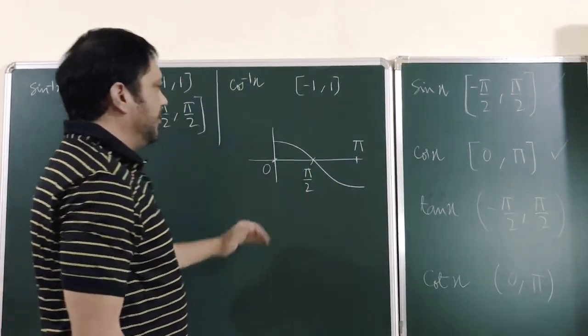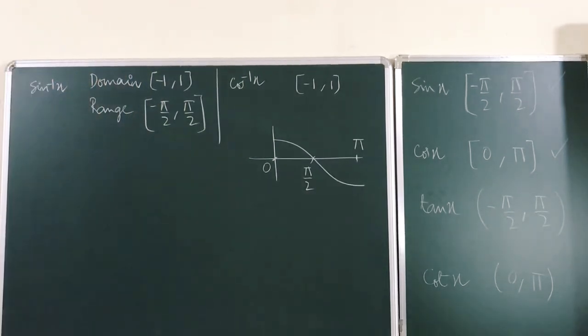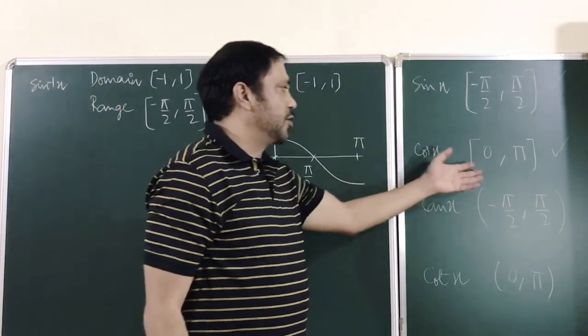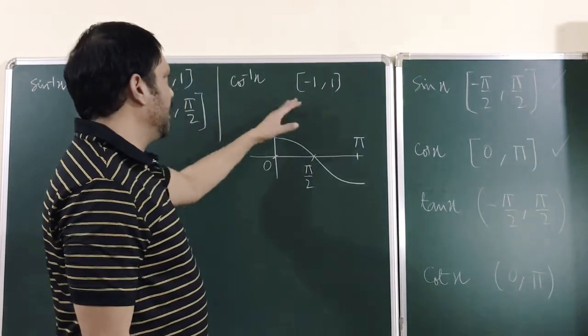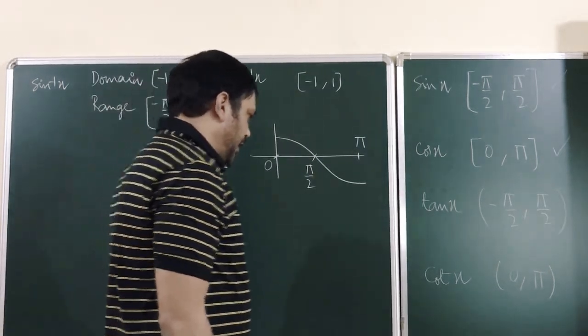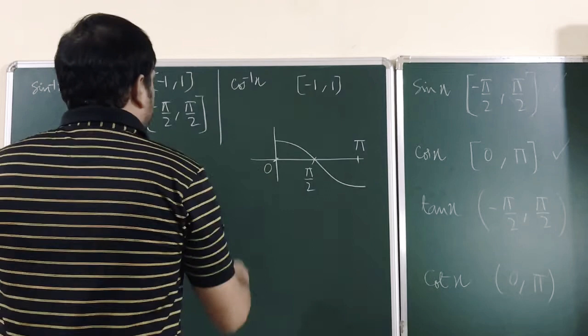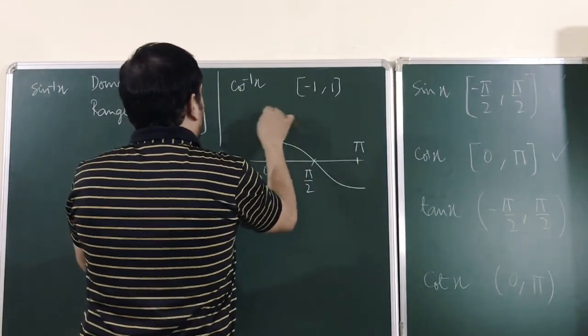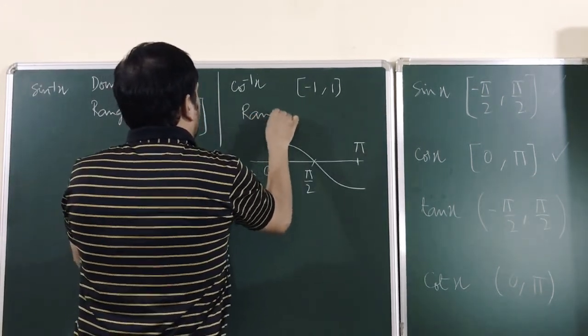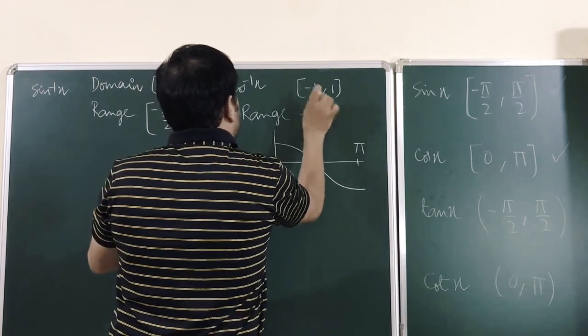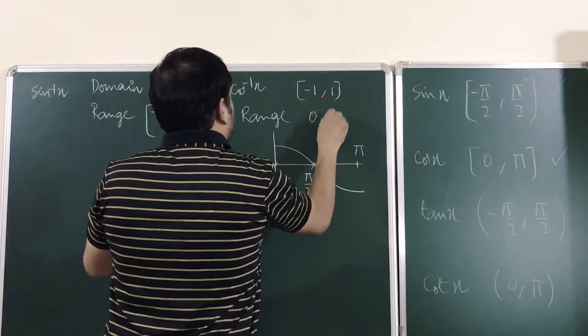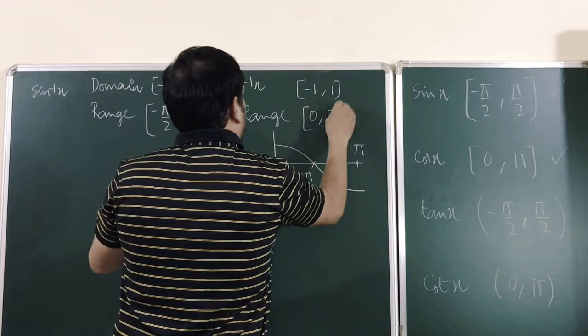So you are getting all the values between 1 and minus 1. So the answers which you get in the cos of x will become the domain of the cos inverse of x, and the range is 0 to pi.